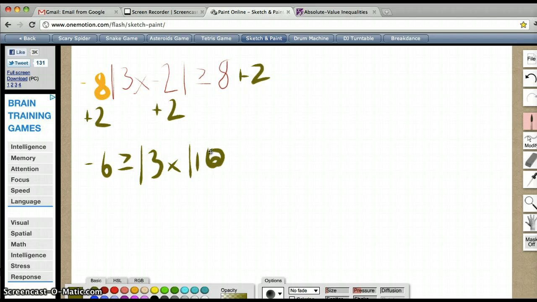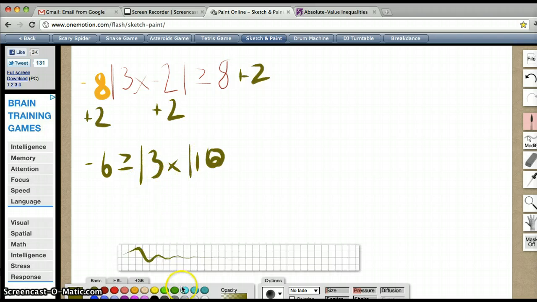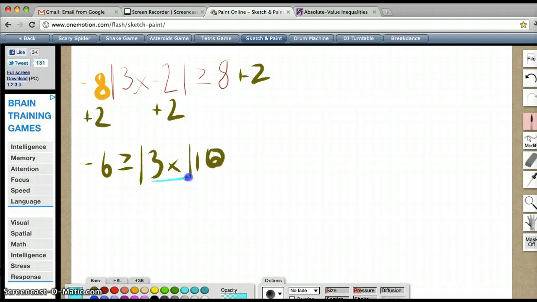So now we're going to solve for x. Let's divide by 3 on both sides. Divide by 3, and divide by 3.